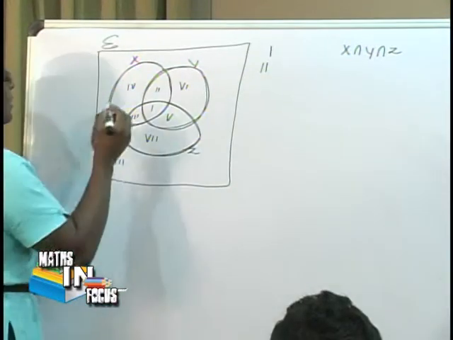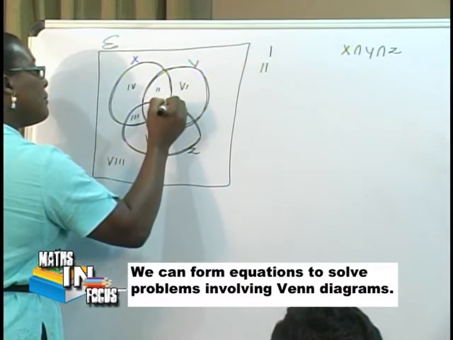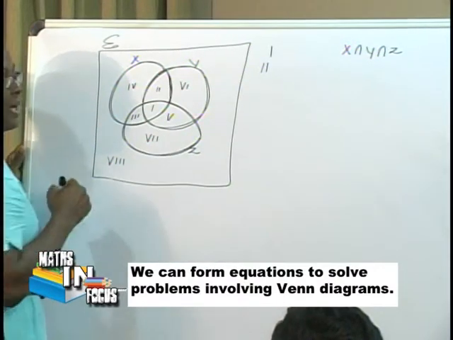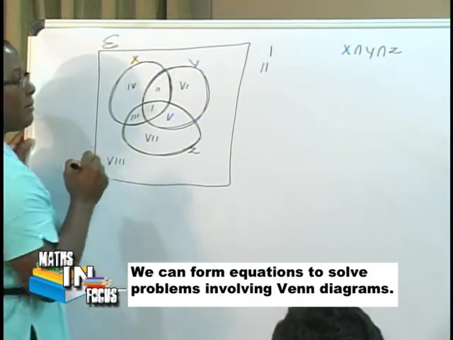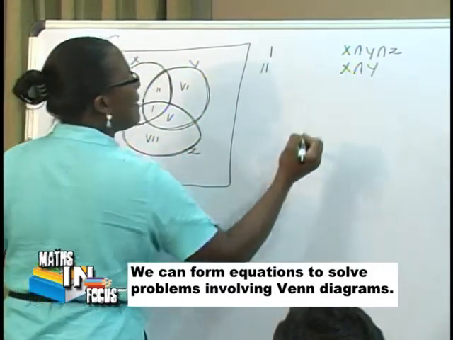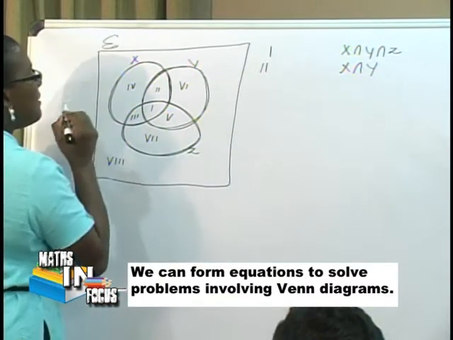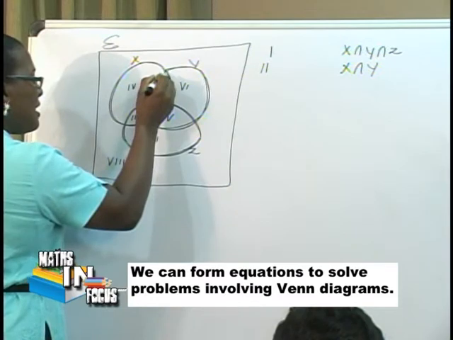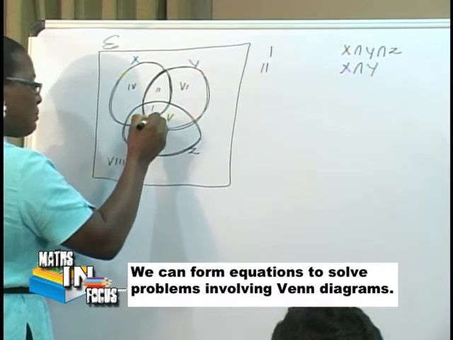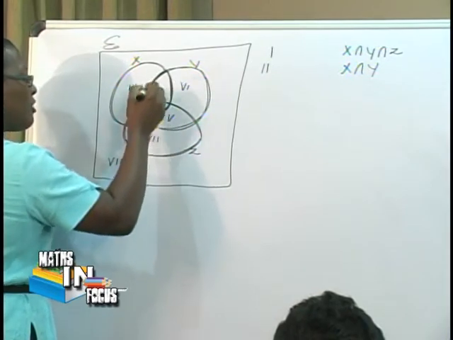Here we have region 2, which is this whole thing here. And that would be X intersect Y. But if I look again, I would see that X is part of here and Y is also part of here.